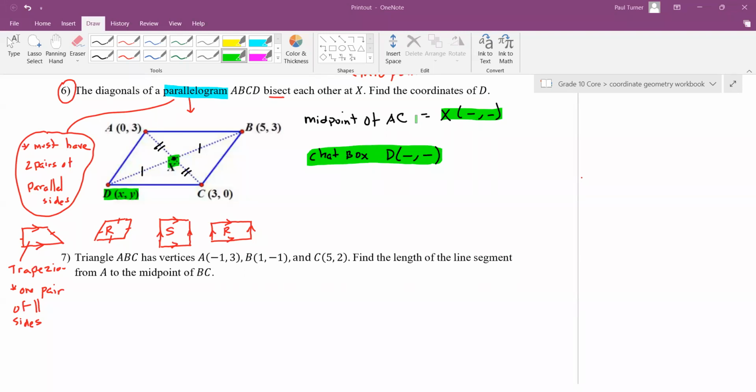So if you're just coming in, I want you to calculate x, which is the midpoint of AC. So do that first, get x here. And then I want you to calculate D, which is the coordinate x, y, and put that in your chat box. And x is also the midpoint of DB. So see if you can do that. I've got 4 answers already.